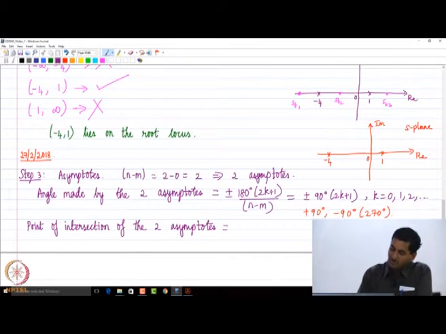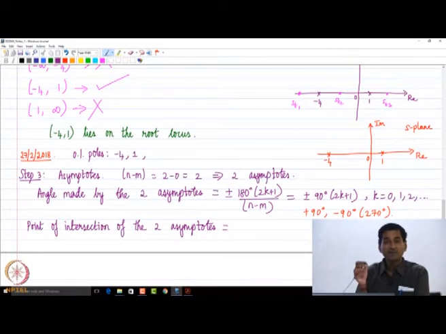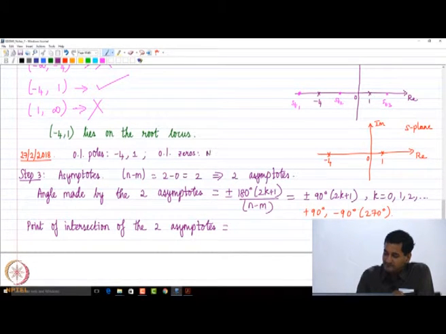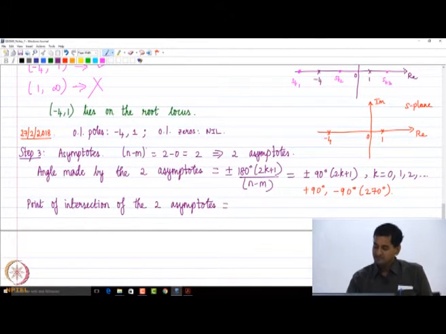If you recall, what were the open loop poles? Open loop poles were minus 4 and plus 1. That's why I always suggest that you follow this process so that we do not make a mistake. You always write things clearly so that there is no confusion. And if you look at the open loop zeros, there were none. So you have minus 4 plus 1, and that's the sum of open loop poles minus the sum of open loop zeros.